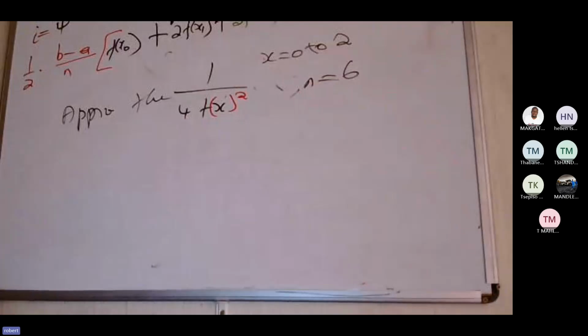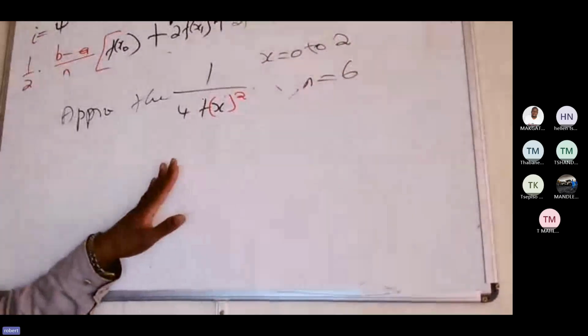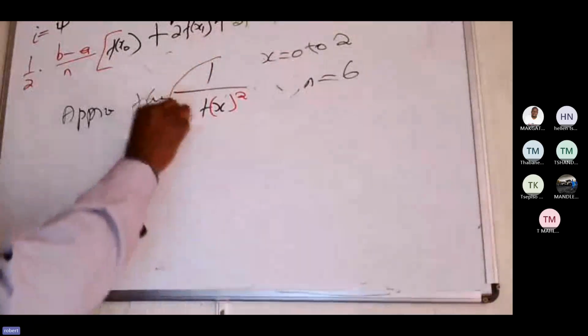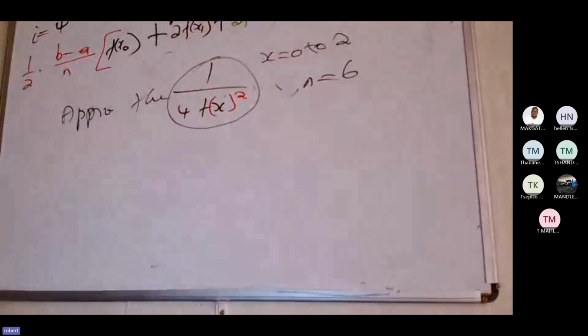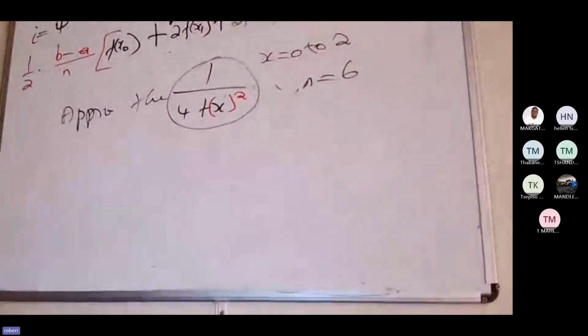Let us pause here. The question will be saying, approximate the area under this curve, that is, between this curve and the x-axis.